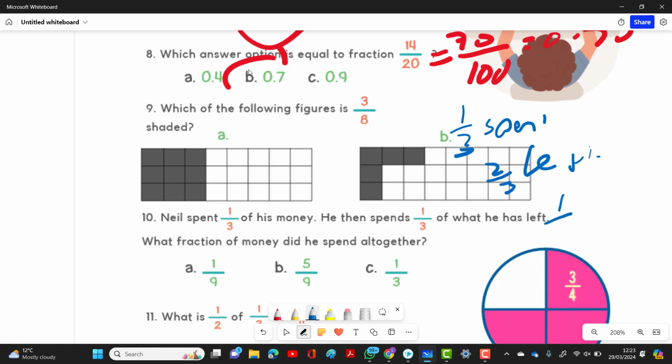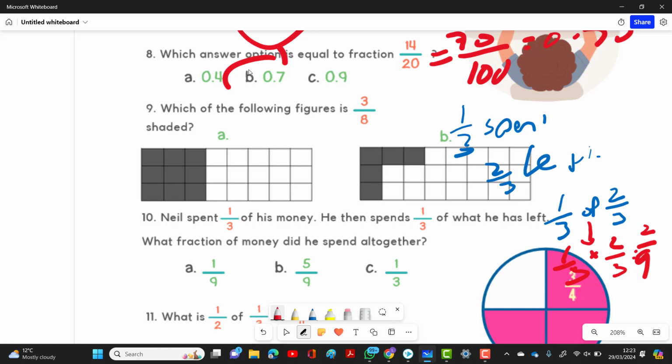So it'd be 1/3 of what's left, which is 2/3. Now, whenever you see of in maths, you change it to times. So it's 1/3 times 2/3. So 1 times 2 is 2, 3 times 3 is 9. 2 over 9.